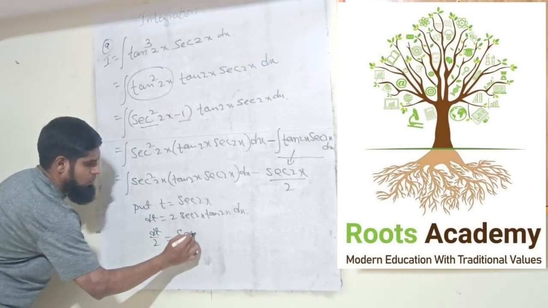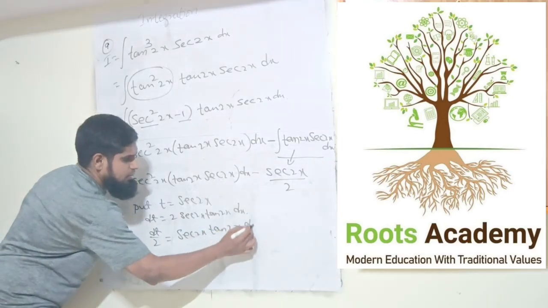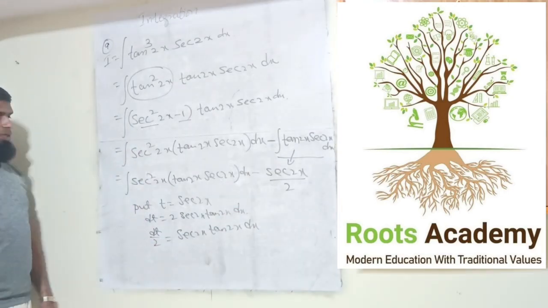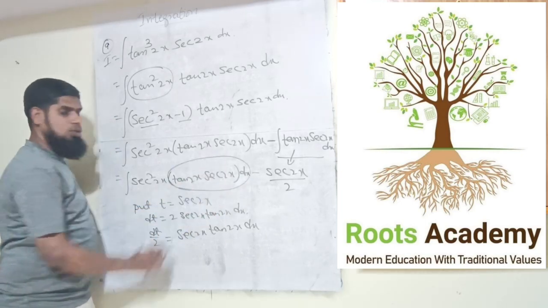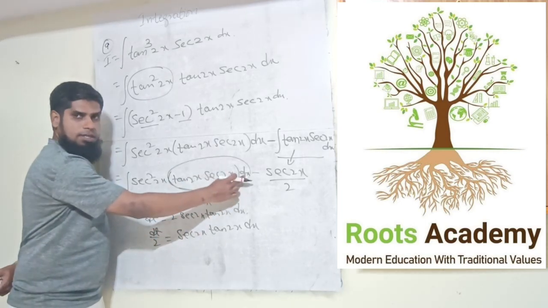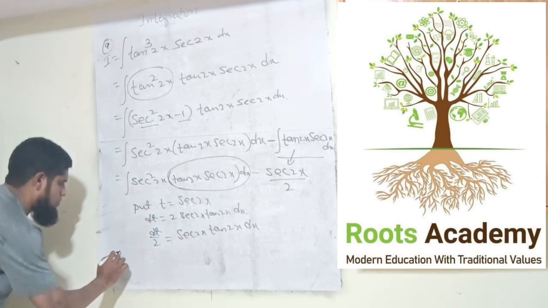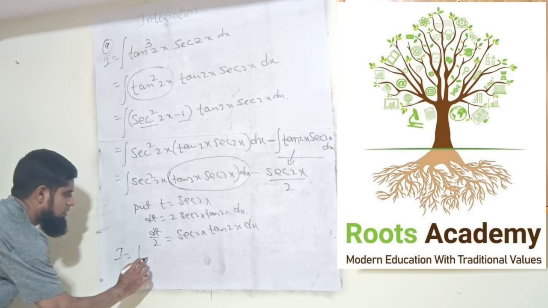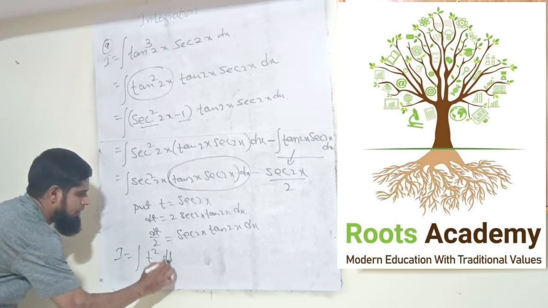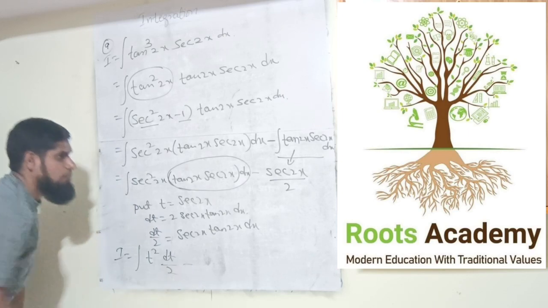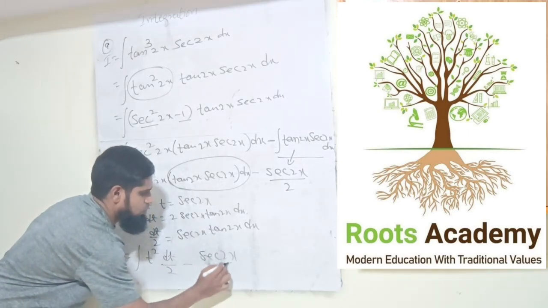So in my first integral, wherever I have secant 2x tan 2x dx, there I can write dt by 2. So my integral becomes t square into dt by 2 minus secant 2x by 2.